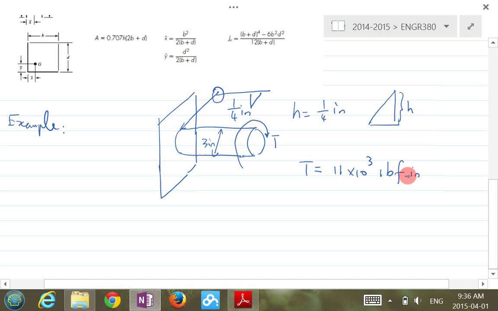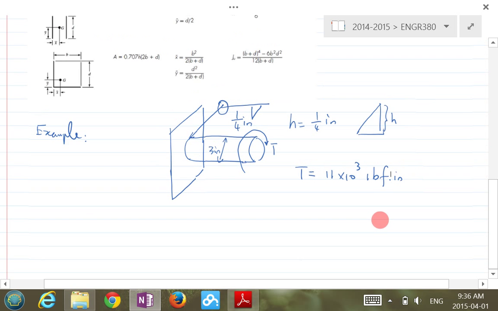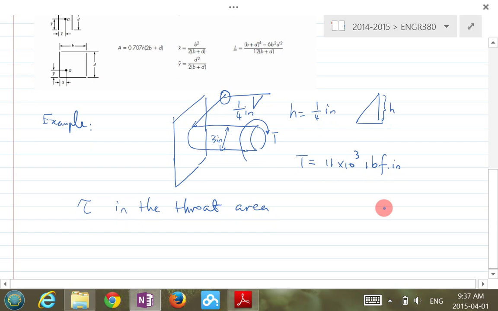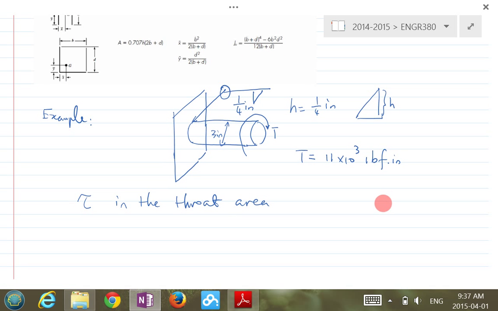So in this case, let's estimate the maximum shear stress in the weld throat, right? So basically, what's the tau in the throat area? That's basically the conservative model we're considering, right? We only look at the shear stress on the throat area.